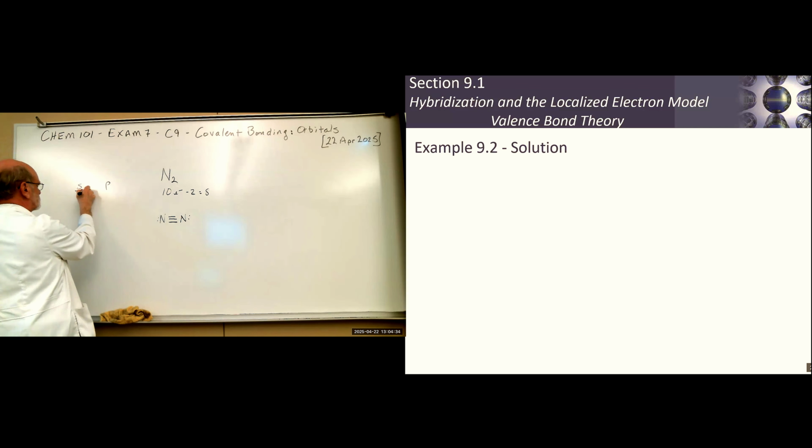So this one here and into the board, and this one here and into the board. And we get overlap there, and we get overlap here and here. So we have 1 sigma bond and 2 pi's.